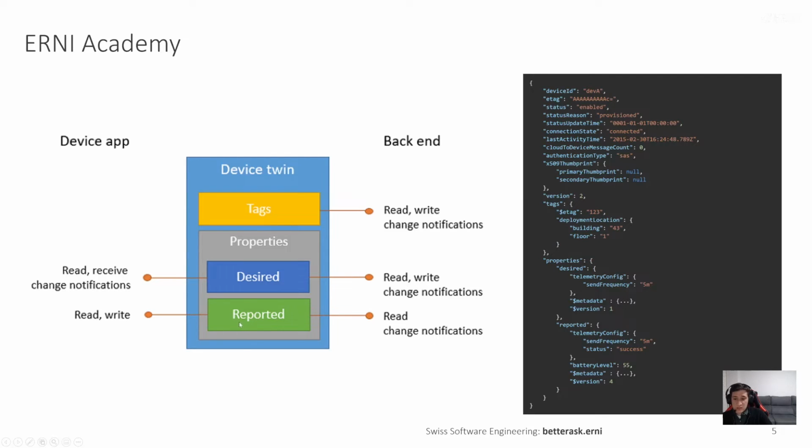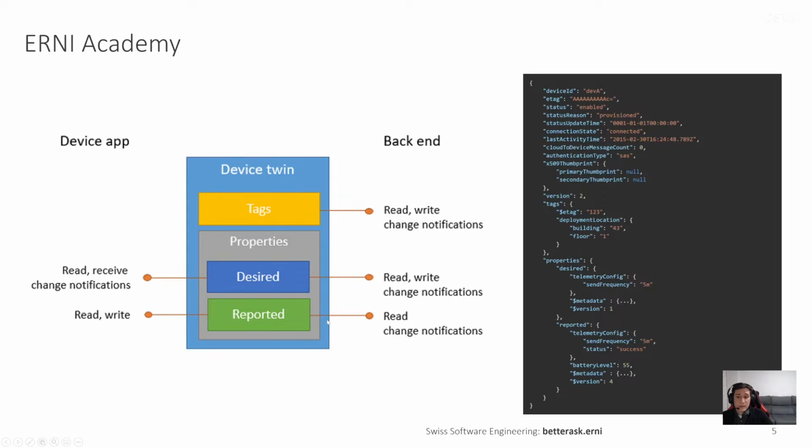The device can change reported, and the backend can change desired. And the backend can react. If you see here, it's clear. You can read and write desired properties and respond to change notifications, and you can read and respond to change notifications on the reported. This is more or less the same thing that we did previously, but in a single entity.